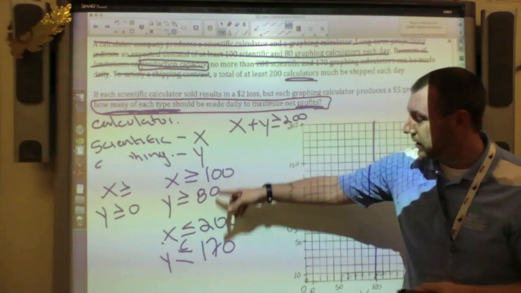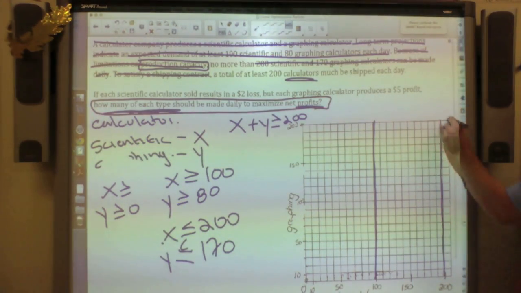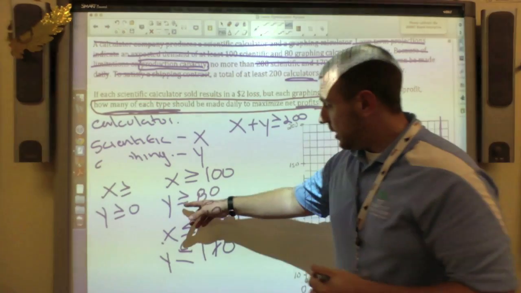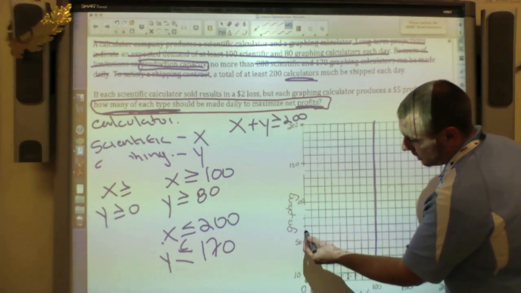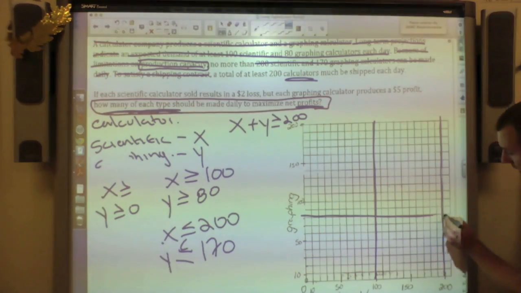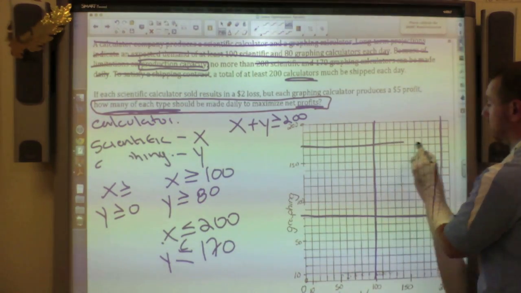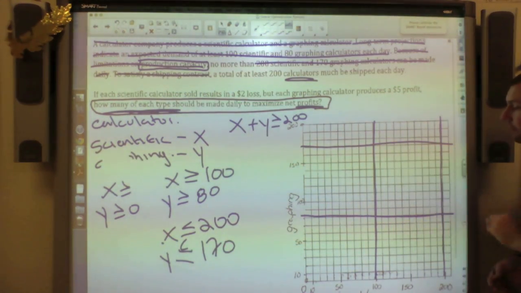But it's got to be less than 200 here. And it's somewhere in between these. Y has to be between 80 and 170. So 60, 70, 80, has to be here to 170 here. So it's somewhere in here.